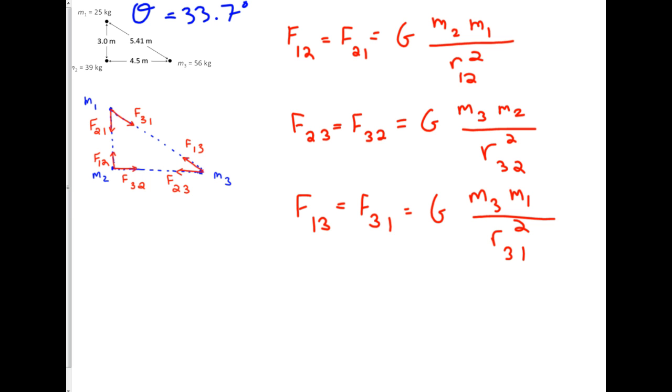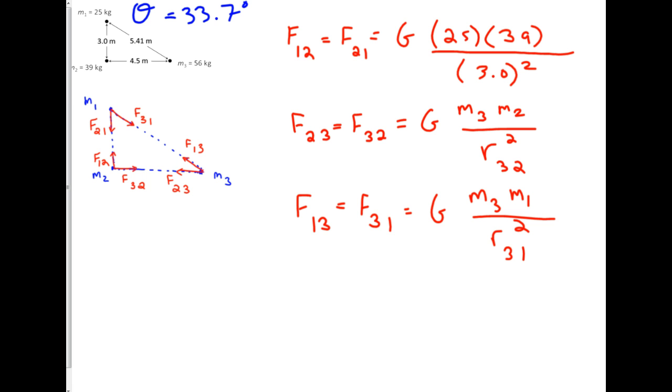So I'm going to take my calculator and plug in big G, which is always going to be 6.673 times 10 to the negative 11, and M1 is 25. M2 is 39, and their separation is 3 meters.